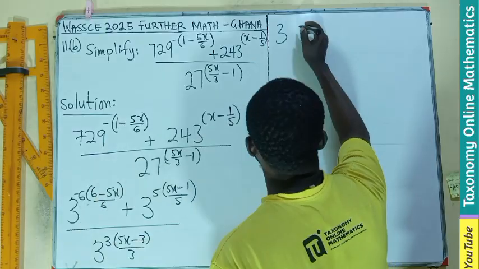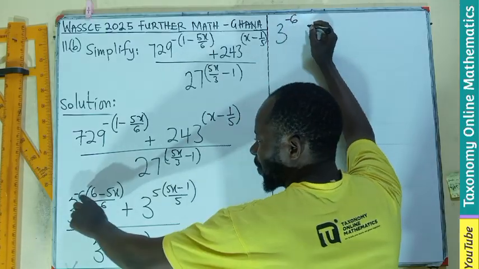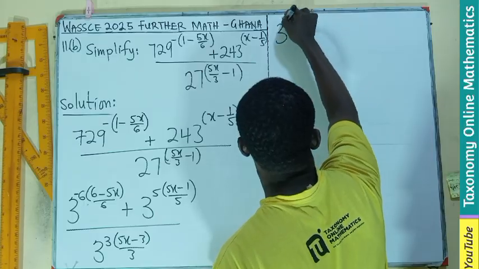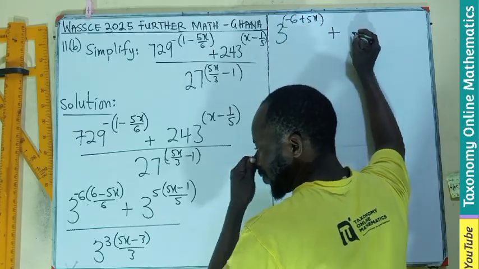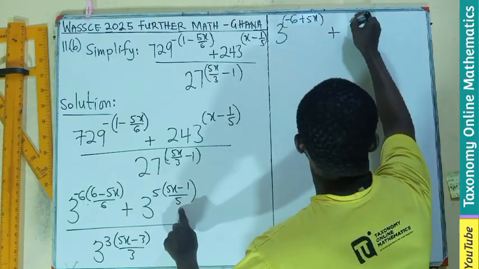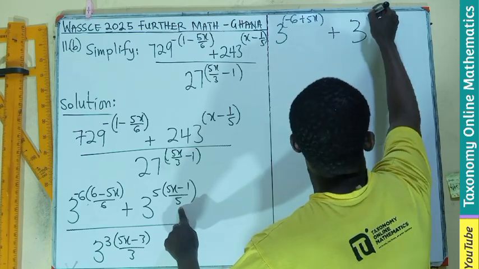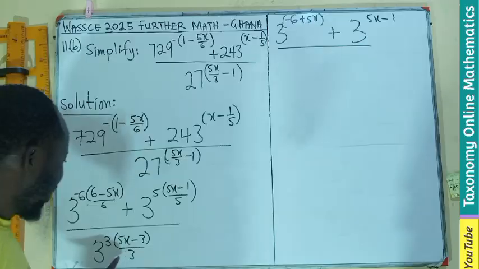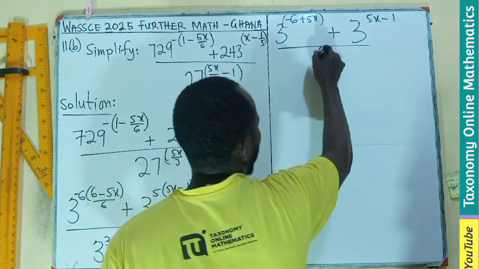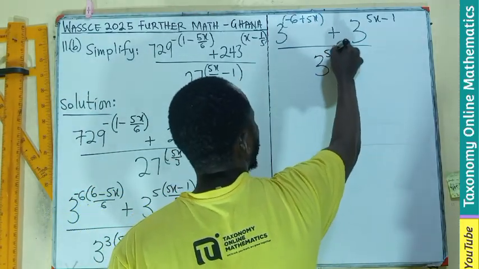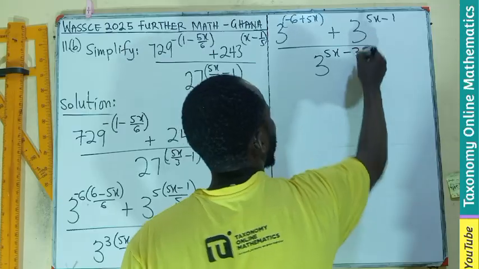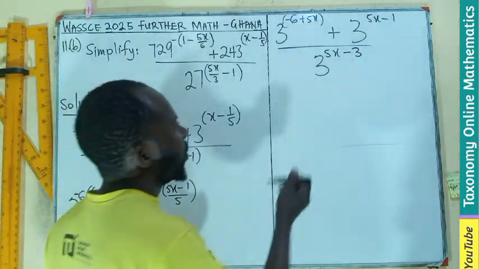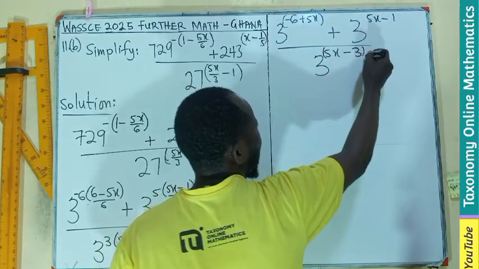So negative 1 times this gives you negative 6, and negative 1 times negative 5x gives positive 5x. Then plus, here we'll cancel to give you 3 exponent (5x minus 1), divided by 3 will cancel 3. Therefore 3 exponent (5x minus 3).